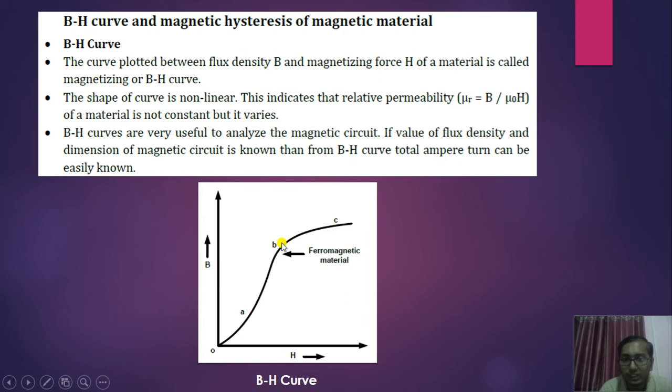There is only a slight change in magnetic flux density, and here the saturation arises, that is, we reach the point of saturation. If you keep on increasing the magnetizing force, the magnetic flux density is not going to increase. So this is the maximum magnetic flux density. The shape of the curve is non-linear as it is seen. Through this we have seen that BH curves are very useful to analyze the magnetic circuit.